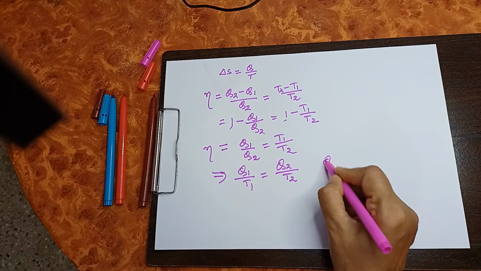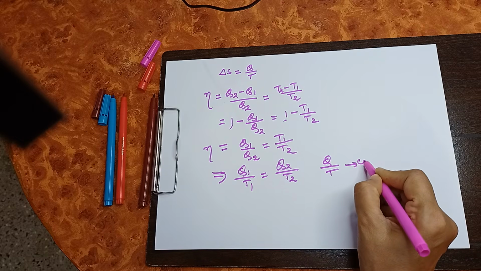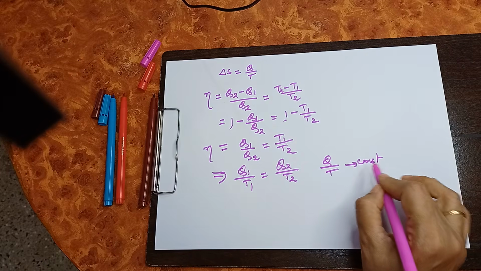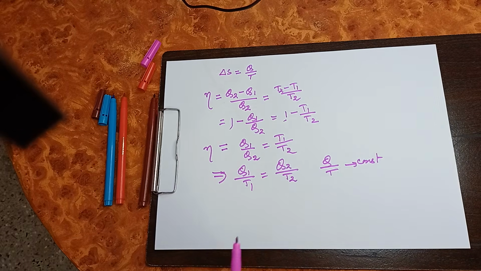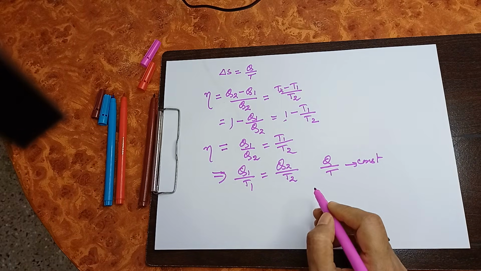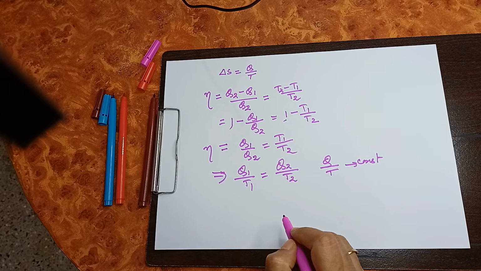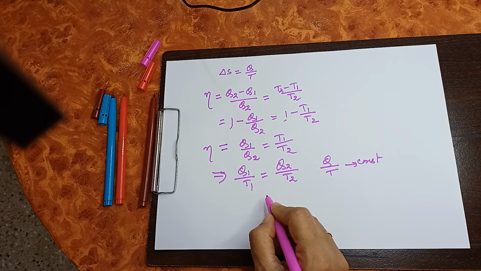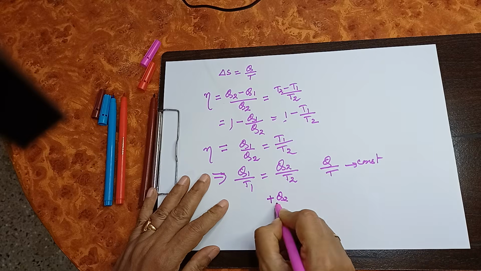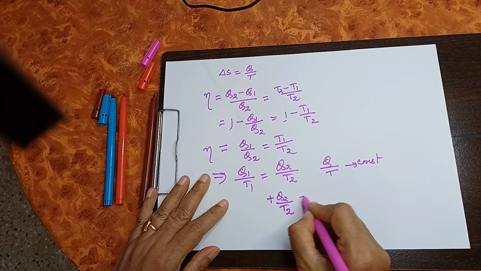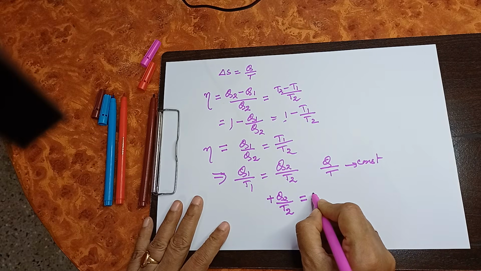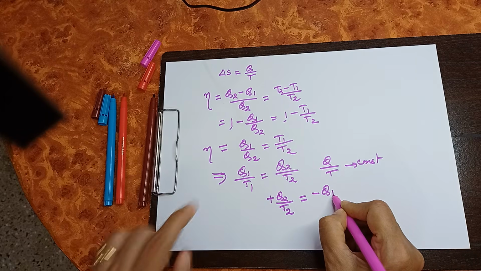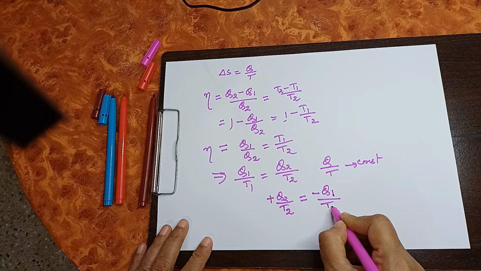So the Q by T term is a constant. It is another thermodynamic quantity, and this is equal to the change in entropy of the system. Now, in the Carnot cycle, heat is absorbed from the high temperature source, so that means plus Q2 by T2, and heat is released to the low temperature sink, that means a minus sign, Q1 by T1.